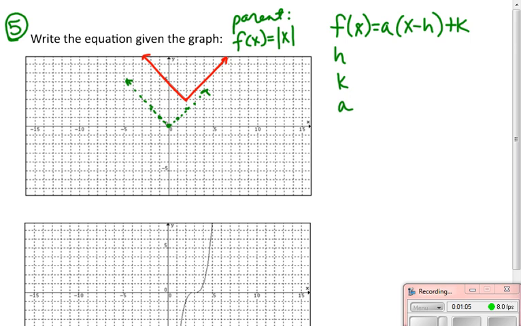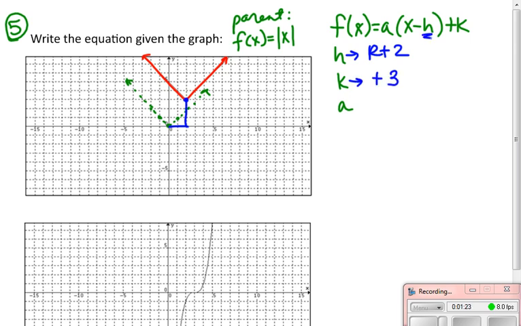Well, the first thing I'm going to look for are my h and my k. So I'm going right 1, 2 units. So h is right 2, and I went up 1, 2, 3.